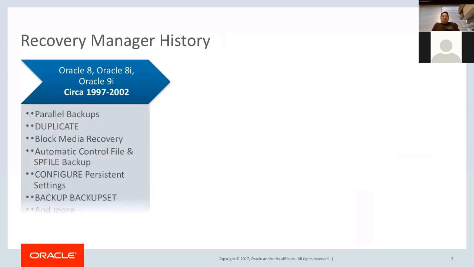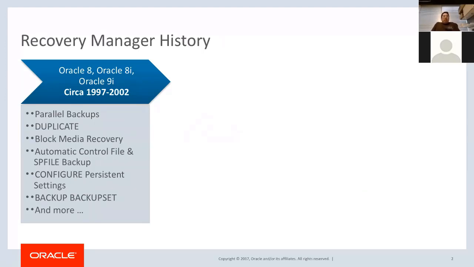So again, the history of RMAN, right? It's been 20 plus years, as you can see, starting with Oracle 8. These are just some of the features that we've introduced, and just to give you some food for thought and maybe stir up some questions for the chat: we started back with Oracle 8, 8i, 9i with very base level functionality, doing parallelism for the backup and restore.